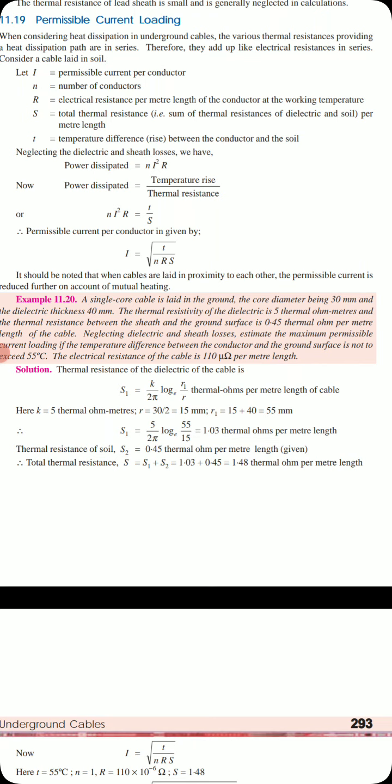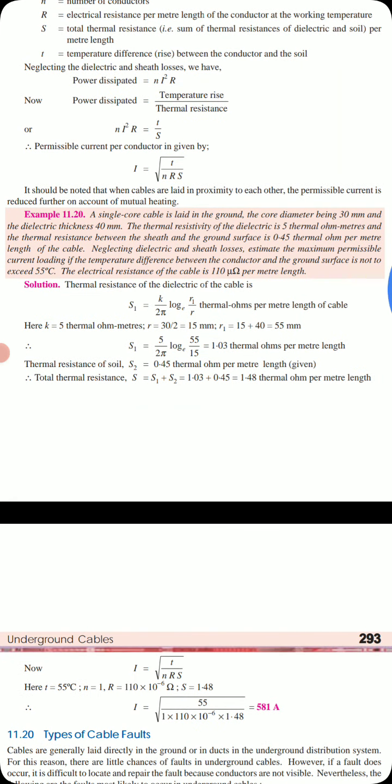Putting in all the values, we get S1 as 1.03 thermal ohms per meter length. The thermal resistance of the soil, S2, is given as 0.45 thermal ohm per meter. Adding them, S is equal to S1 plus S2, we get 1.48 thermal ohms per meter length.